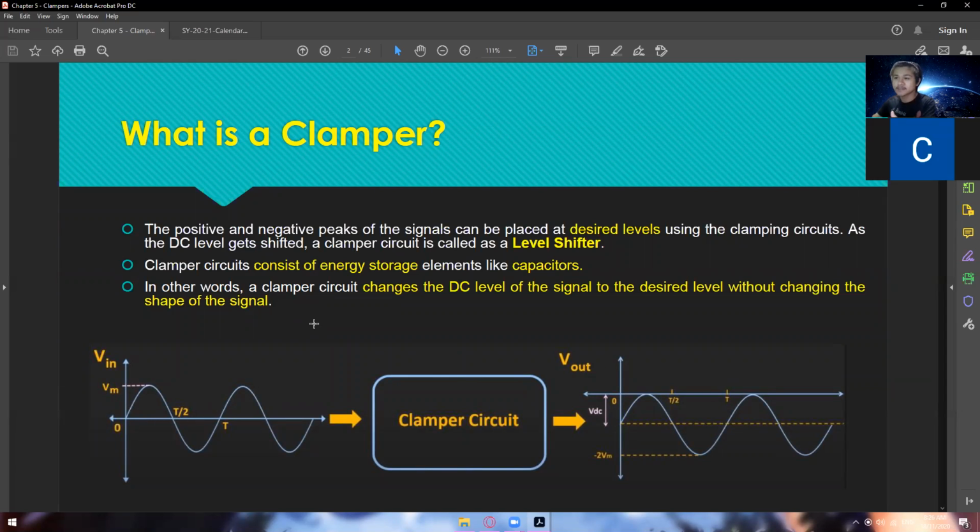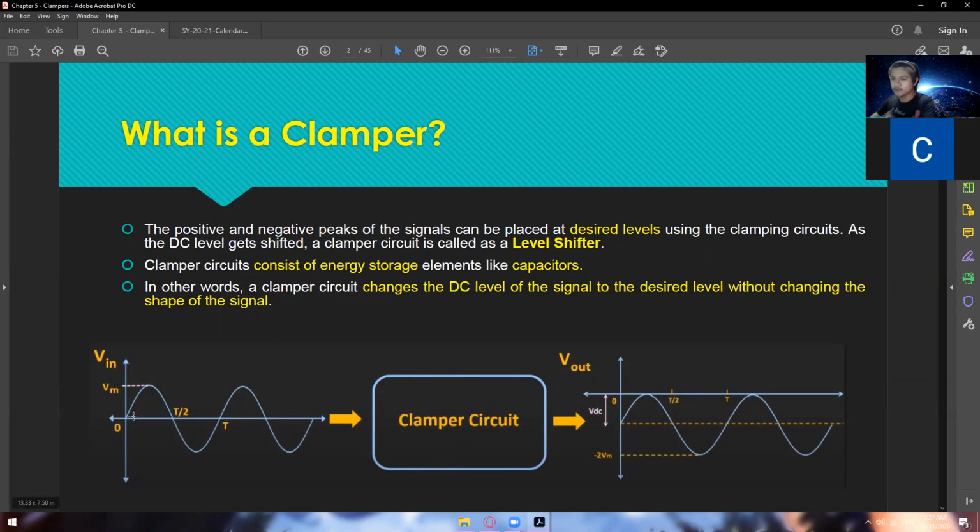In clippers, it changes the output because it's clipping some part of our input. But in a clamper, it is retaining the input signal without changing the desired level or distorting the shape of the signal.